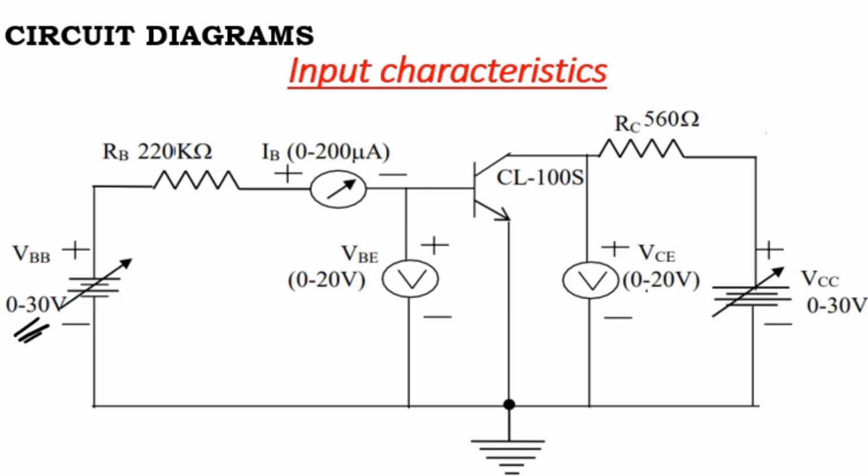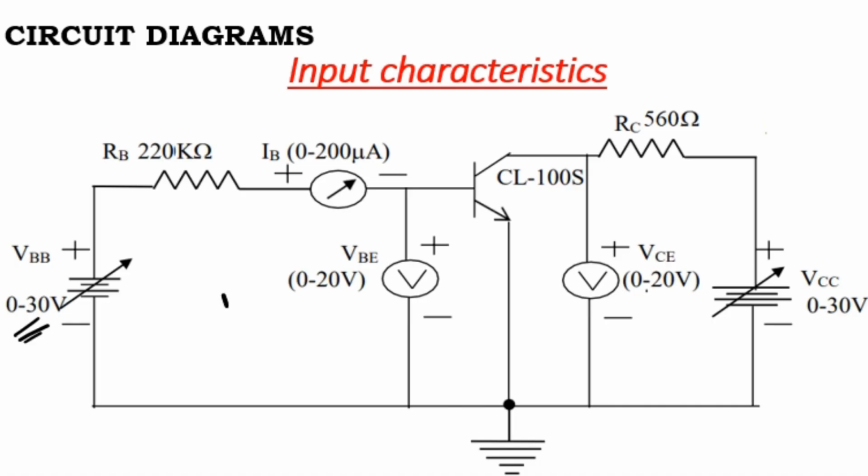This 0 to 30 volts is the input voltage VBB, and resistance RB is 20 kilo ohms, and IB is the base current, which is 0 to 200 microamperes. VBE is the base emitter voltage, measured with the help of a 0 to 20 volts voltmeter.